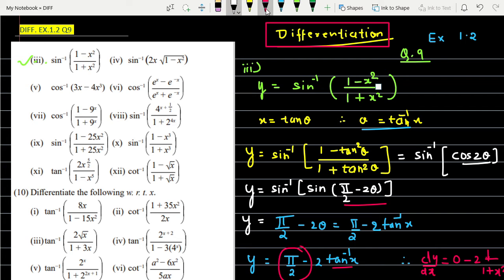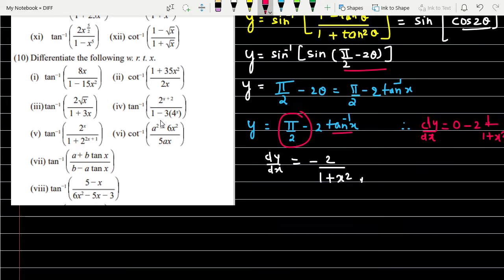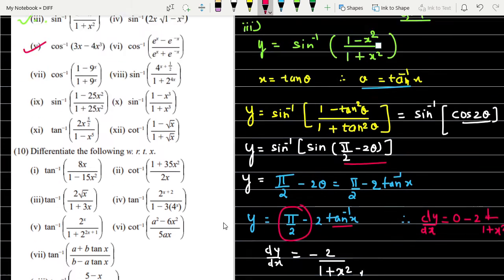Now we do question number 5. y is equal to cos inverse of (3x minus 4x cube). Here also we have to do a substitution.